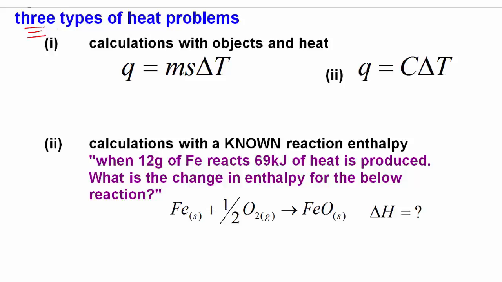So let's check out these equations and see what the different variables are. Q is heat. m is mass. It could be the mass of an object or just a certain mass of liquid, like 20 grams of water. Delta T is a change in temperature.